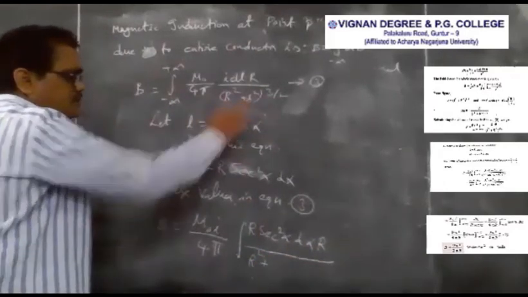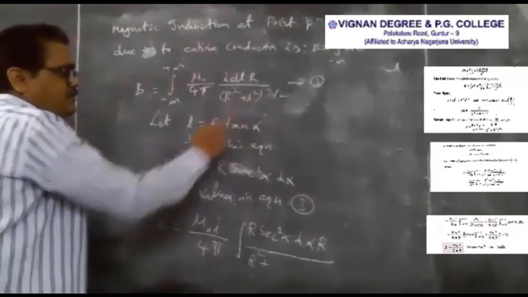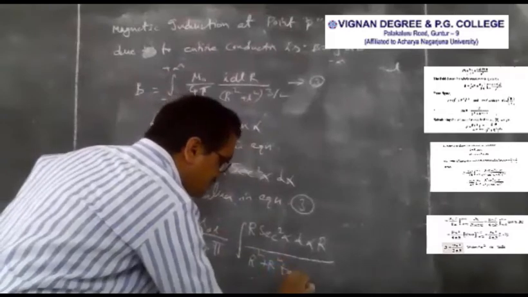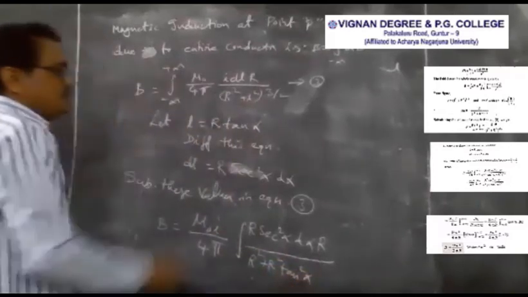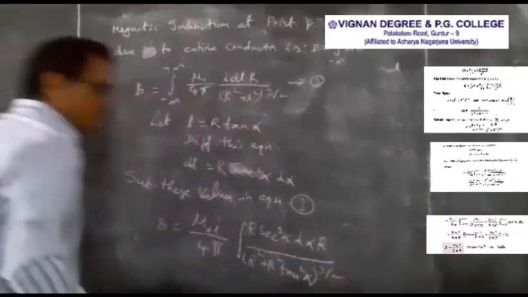In place of l, we have to write R tan alpha. Since this is l square, this one becomes R square tan square alpha, to the power of 3 by 2.